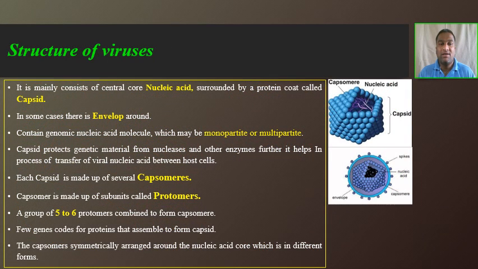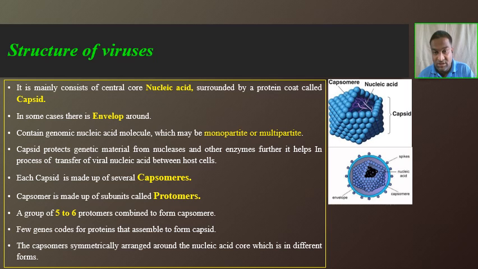Now regarding the structure of the virus, how the viruses look, we will see in this slide. First of all, it mainly consists of a central core of nucleic acid.